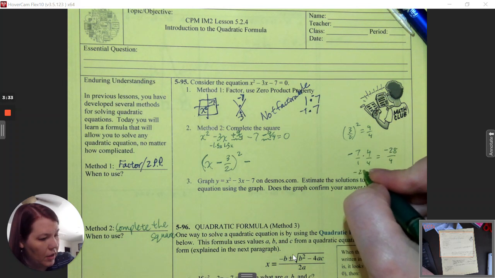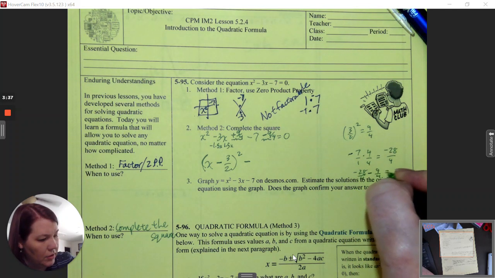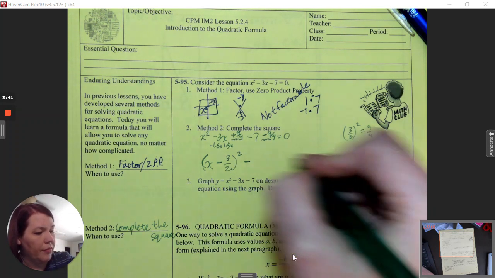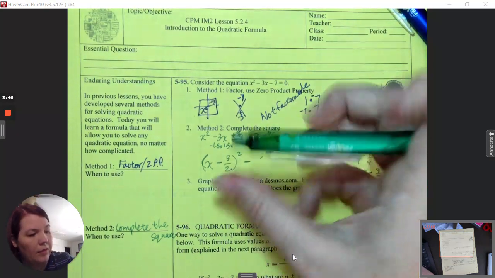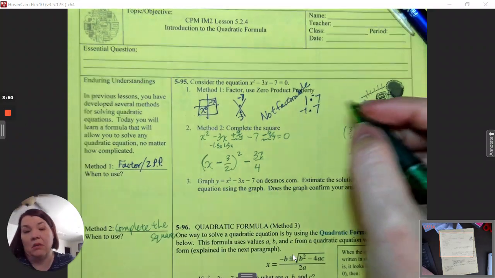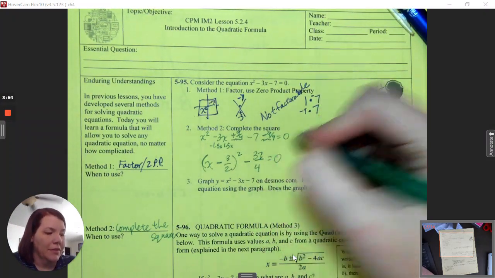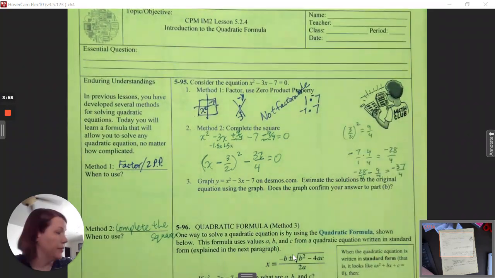So I have negative 28/4 minus 9/4, which is equal to negative 37/4. Awesome. That's so easy. No problem, right? Equals 0. So then I'm going to continue it, and I'm going to run out of space.